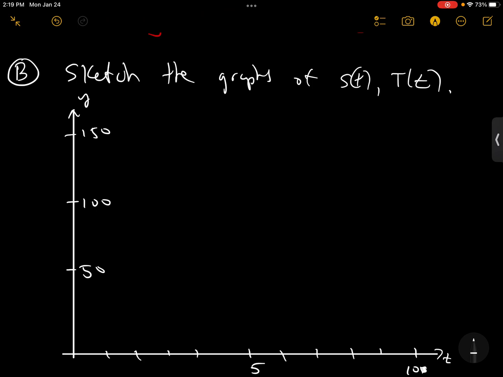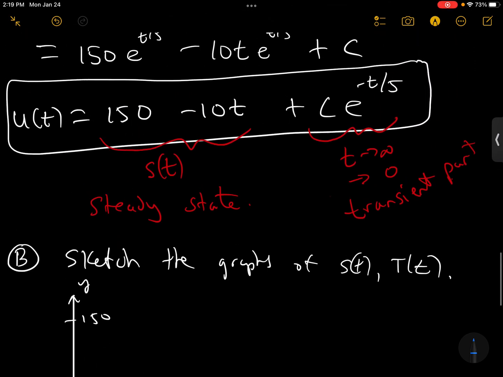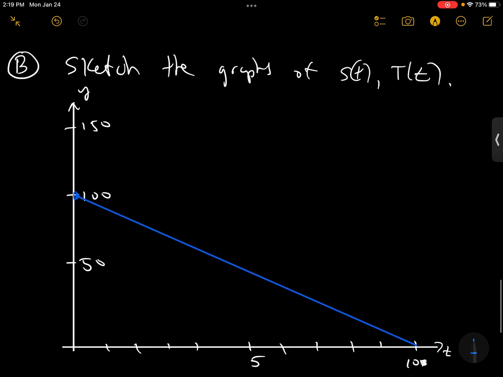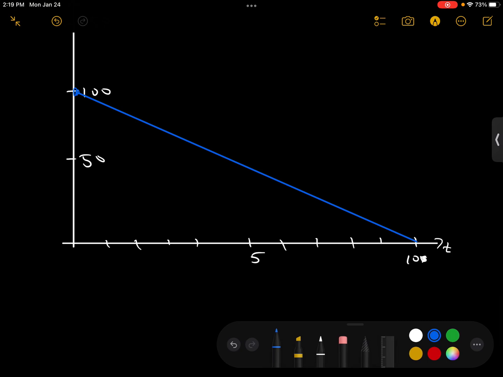Okay, so cap T, put it in blue here, started at 100 and went to 0 after 10 minutes. Well, let's look at S of t, which I guess I'm going to put in red here.